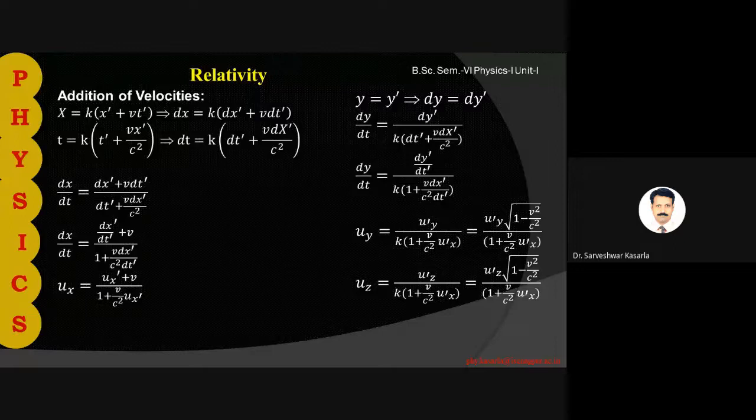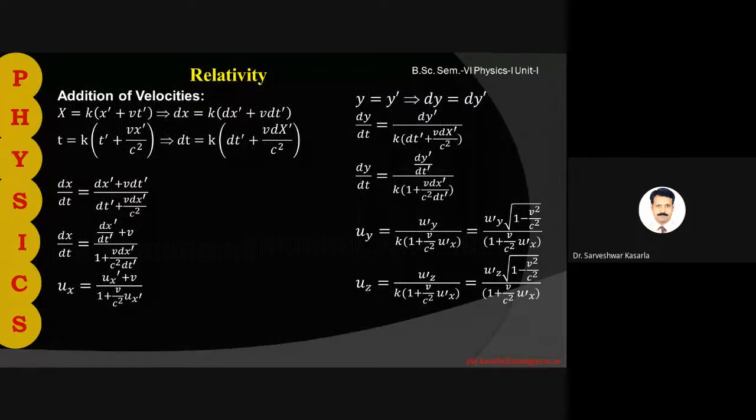For y, the frame of reference is moving along the x direction only with uniform speed, so there is no change in the y coordinates. Therefore y is equal to y dash, dy is equal to dy dash. So dy by dt will be equal to dy dash upon dt. And what is dt? dt is equal to k into dt dash plus vx dash upon c square. If you solve this, you will get uy equal to uy dash upon k into 1 plus v upon c square ux dash.